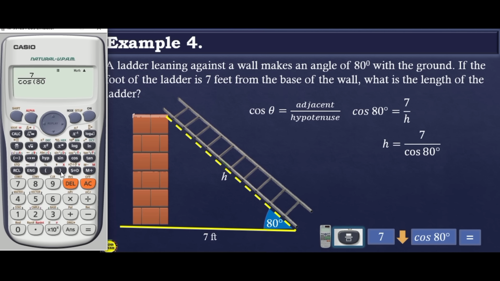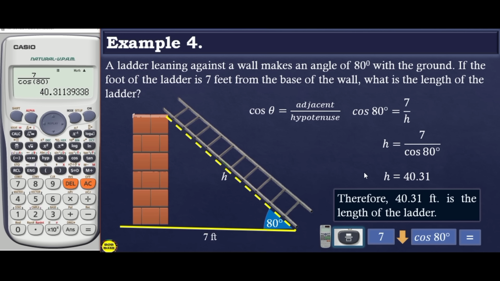Okay, and then don't forget to close. So, we have equals. So, the answer is 40.31. Okay, so 31 lang kasi hindi siya 5. So we have the hypotenuse is equal to 40.31, which is the length of the ladder. So therefore, 40.31 feet is the length of the ladder.